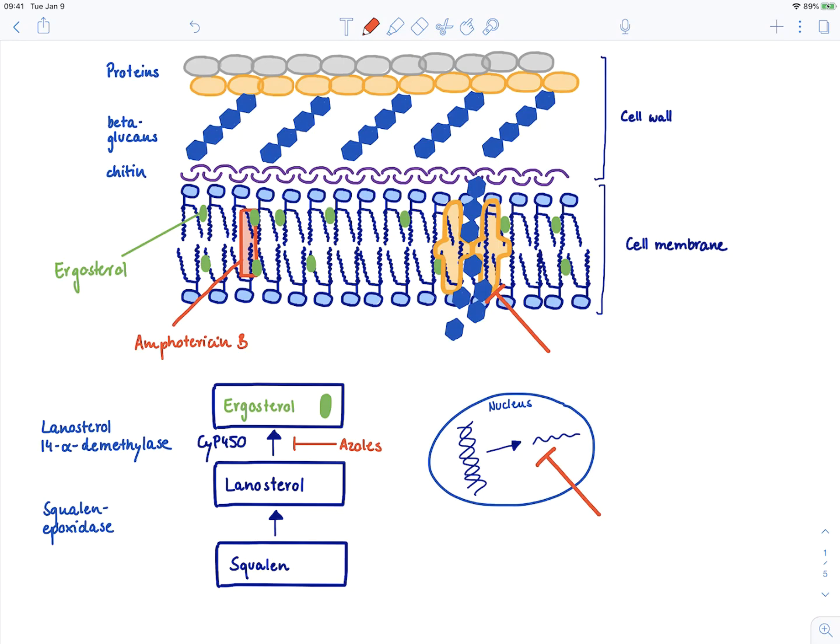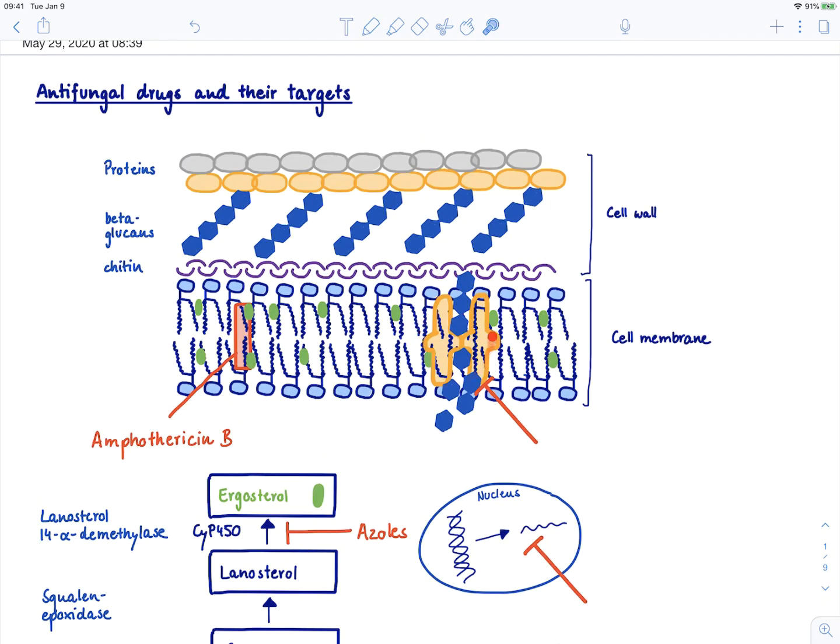Besides ergosterol, we have one other very important target, and this is the beta-glucan synthase. And this is a little enzyme that sits in the cell membrane that makes these 1,6 sugar connections and forms the beta-glucans, the 1,6 beta-glucans.